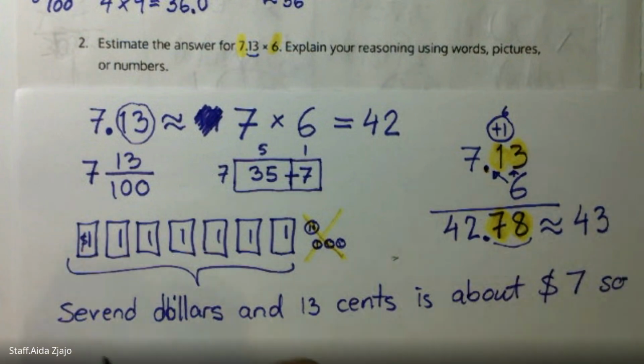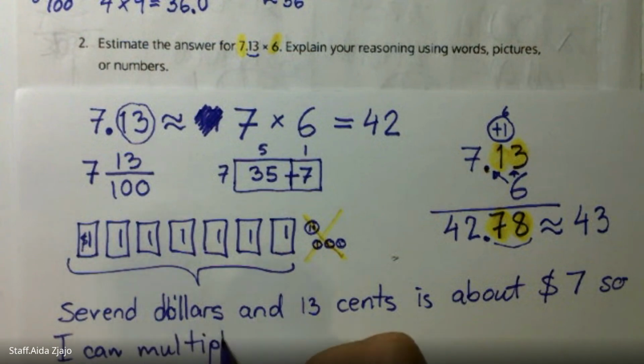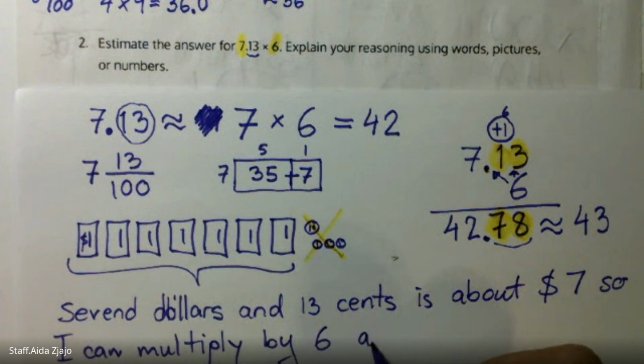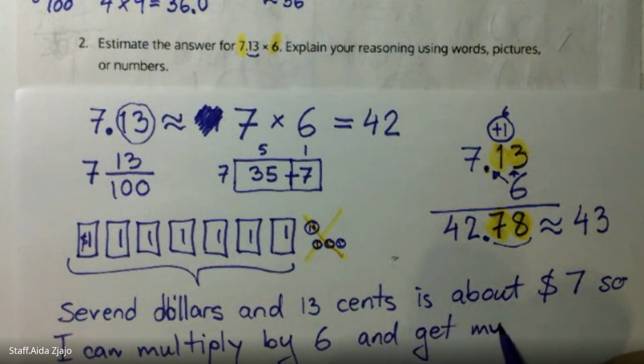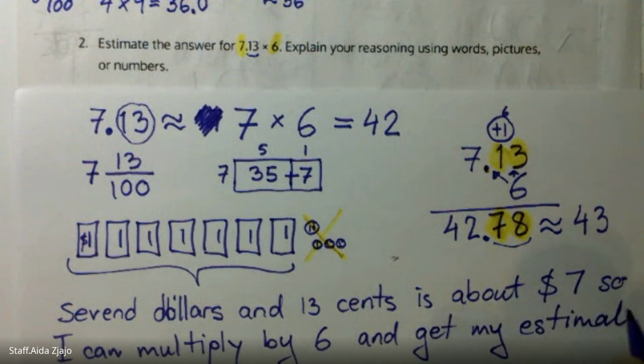So I can multiply by 6 and get my estimate to be about 42 wholes.